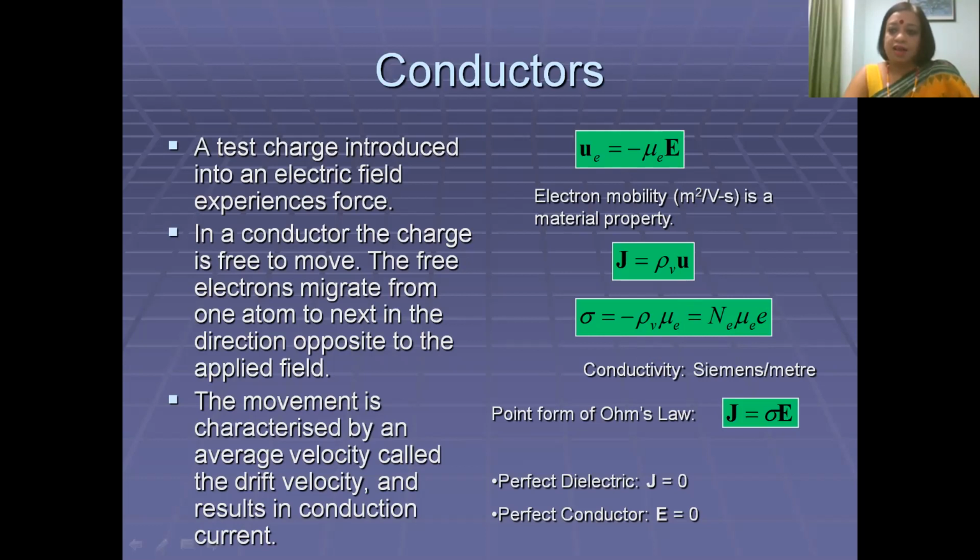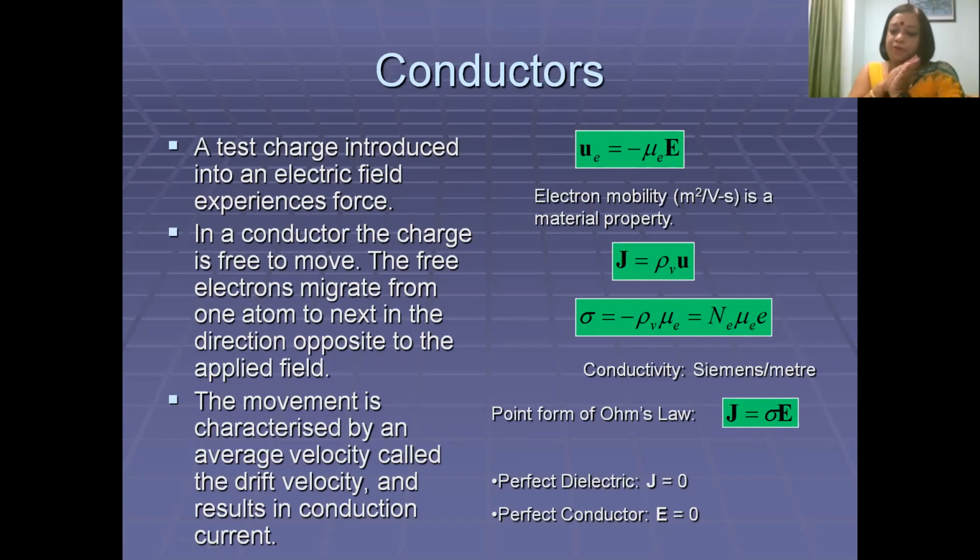And this brings us to the point form of Ohm's law, which holds for conductors, that is J is equal to sigma E. If you put the relation of mu e E in place of u here, you will get the relationship J is equal to sigma E, where sigma is given by N e mu e. This is actually true for both dielectrics and conductors.